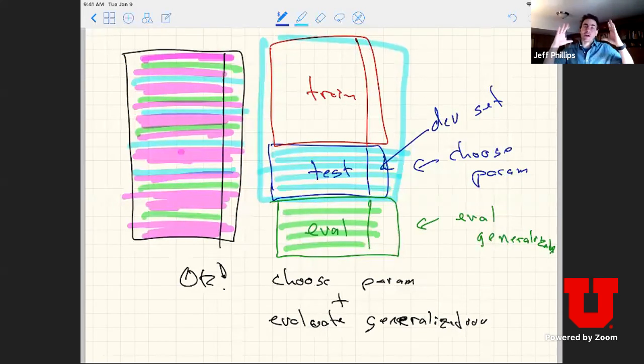Kaggle will say, here's a challenge, here's some training data, go and try to train a model to solve some sort of problem. Use any technique you want. Once every day, you can send us your model, and we will evaluate it on the test data and tell you how well you're doing. And then they'll post a leaderboard of the people who have done best on the test data, right?